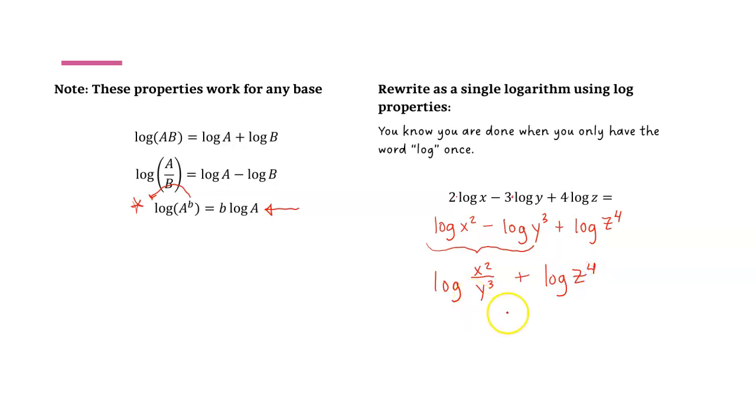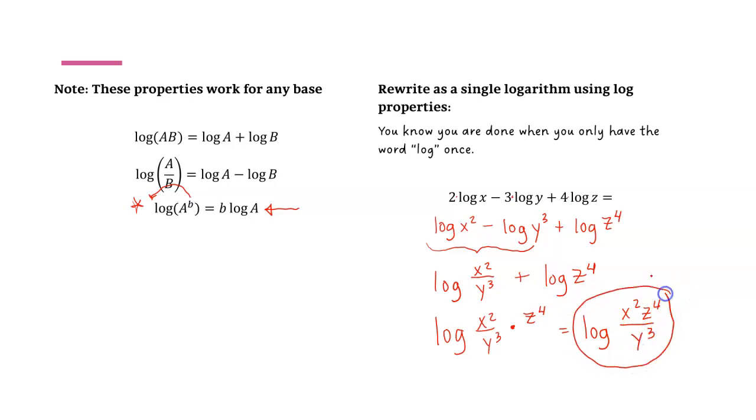And then this is addition, so I'm going to multiply. So that becomes log of x squared over y cubed times z to the 4th. Another, cleaner way of writing that would be log of x squared z to the 4th over y cubed. I'm done now because I have a single log and I have compressed it.